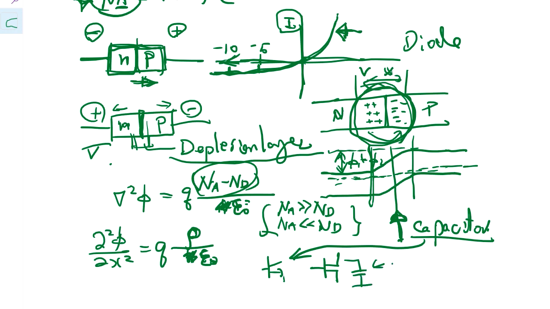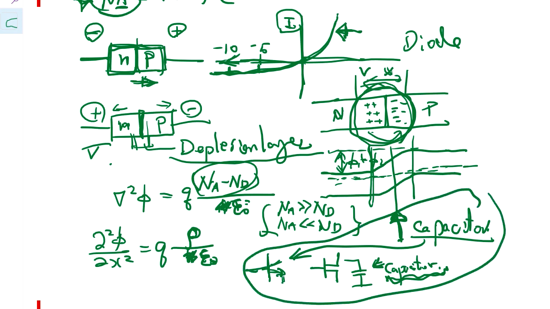This capacitor is a cause of switching time delay, and it's very important to reduce this capacitance in order to have a fast switching transistor. Well, that's going to be the next video's subject.